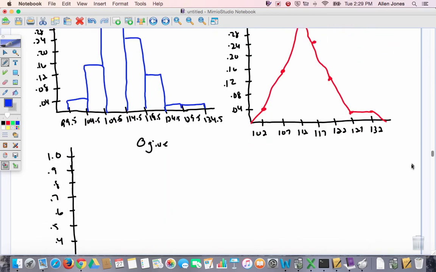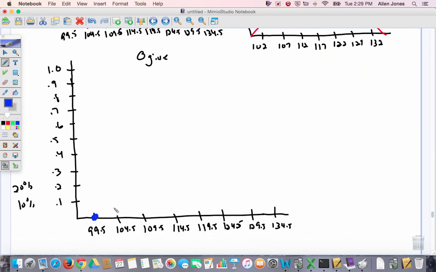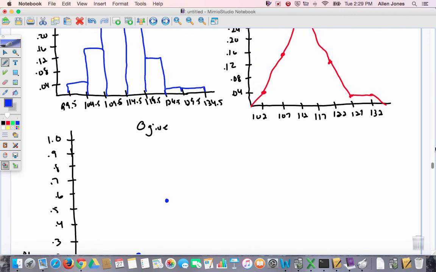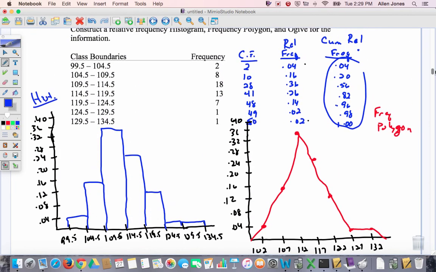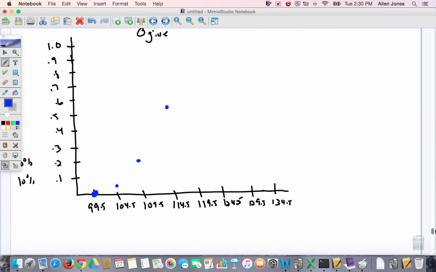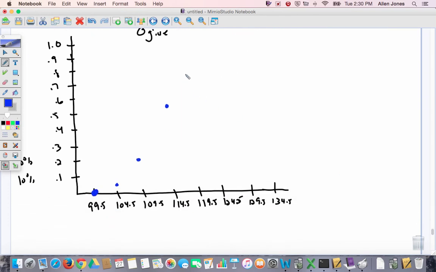Now I do need to scroll up a little bit back and forth. So our cumulative frequencies are these numbers right here. So we're graphing 4, 20, and 56 to begin with. So 4%, 20%, and 56%.